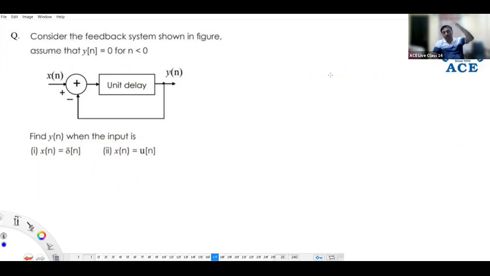Unit delay means delay by one sample. Try to express the relation between input and output, then only you will know the answer.